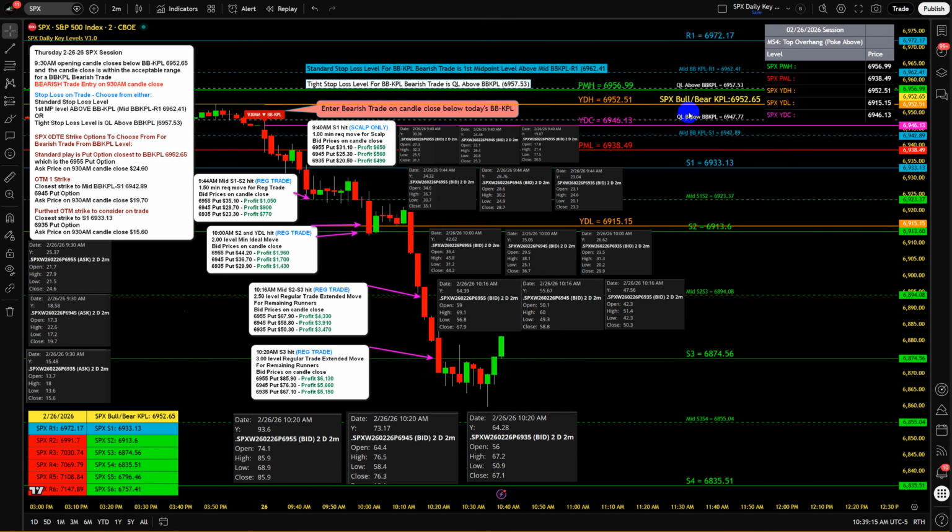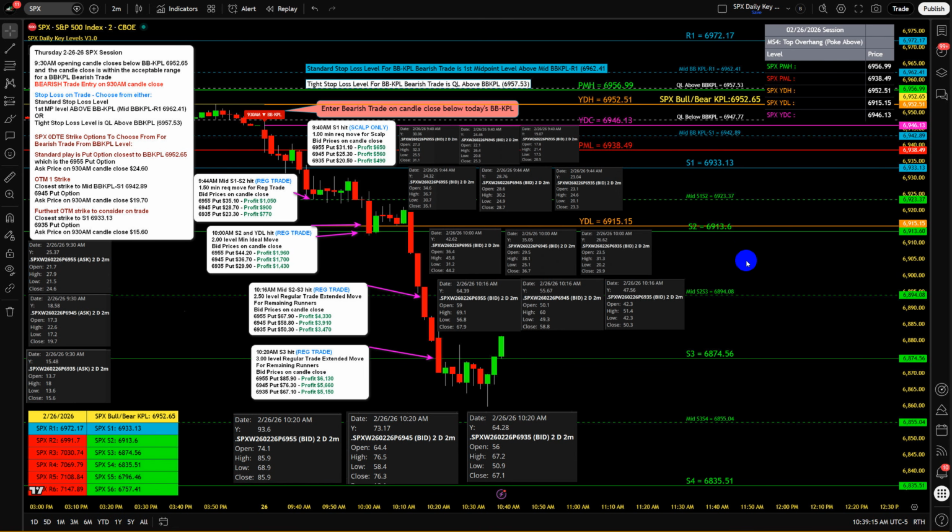For example, if instead we were looking at a bullish close on the BBKPL and a bullish trade, then your tight stop loss would be the QL below the BBKPL, and your standard stop loss in the case of a bullish trade off of this level would be the first midpoint below. And it works the same way off of the other main S levels or main R levels.